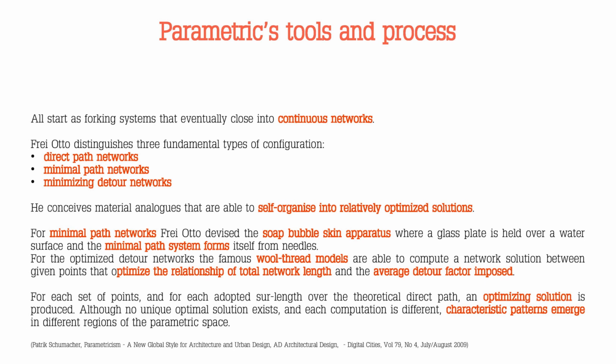It means, this is a complicated sentence, it means that in a certain kind of system, and the picture above is one of the cases, the natural systems are combined in order to be optimal. It says, optimize the relationship of total network length.